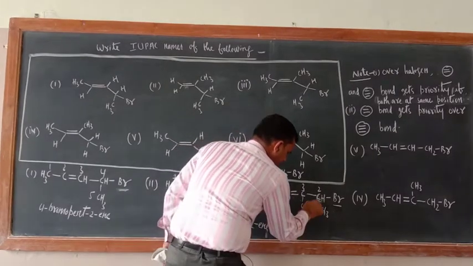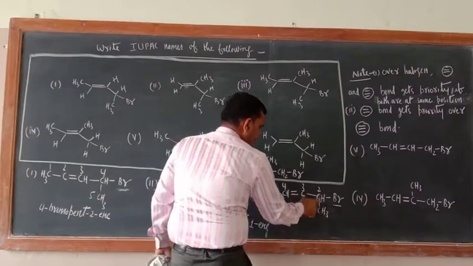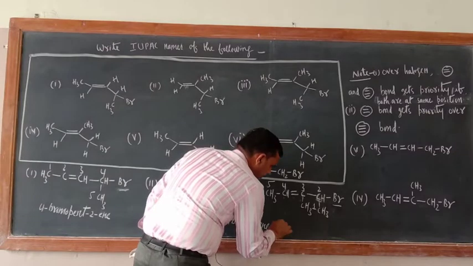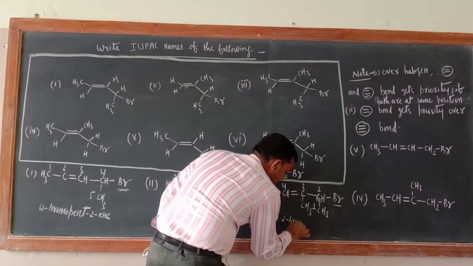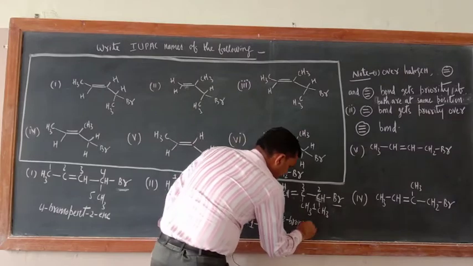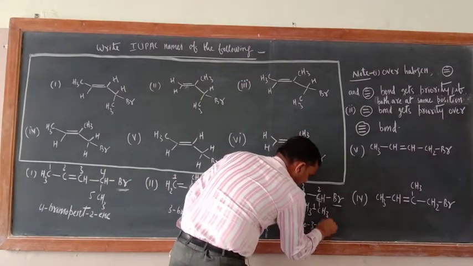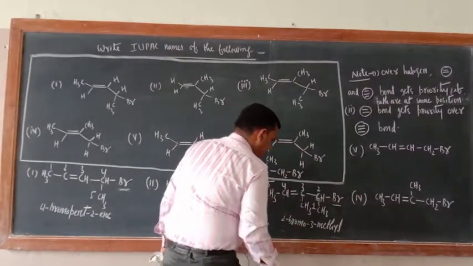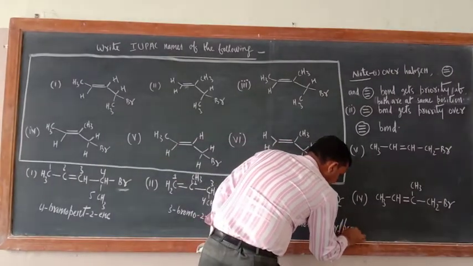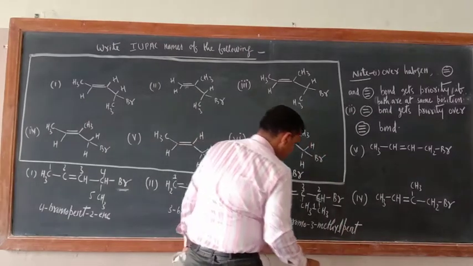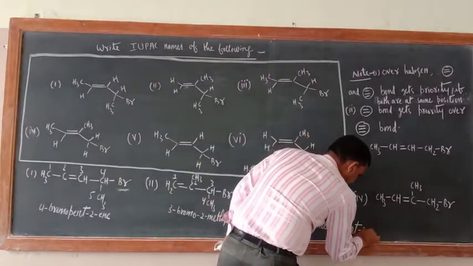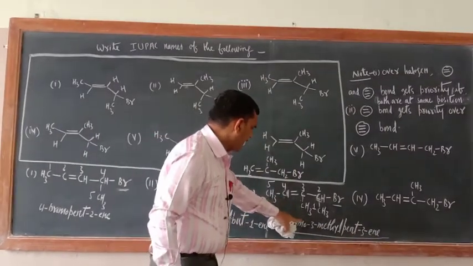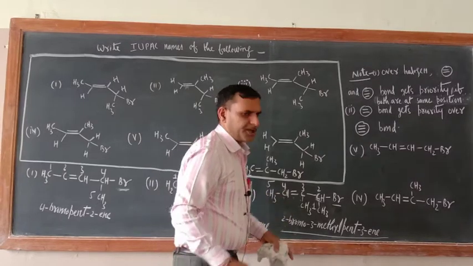So naming would be 2 bromo, then 3 methyl, pent, 3 ene. Okay, 2 bromo, 3 methyl, pent, 3 ene.